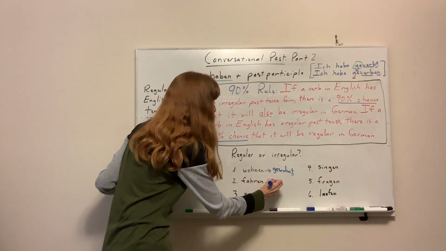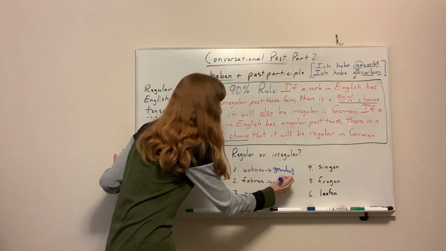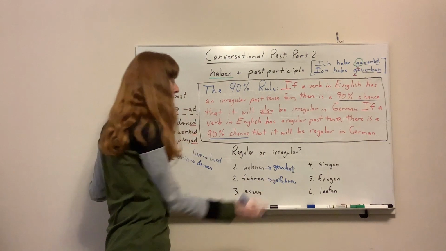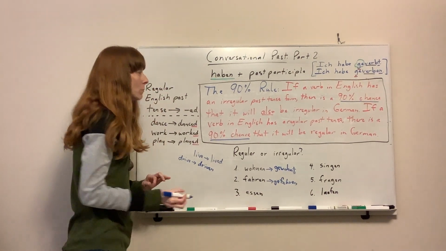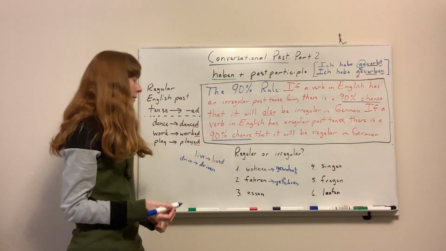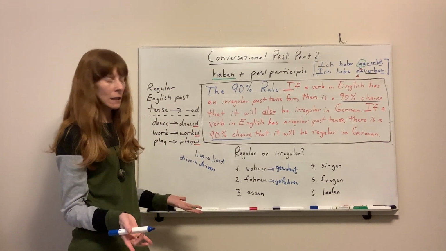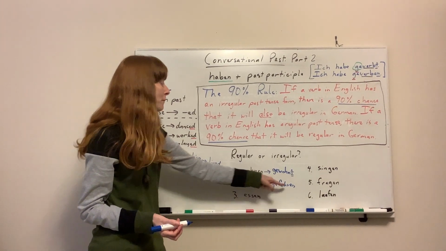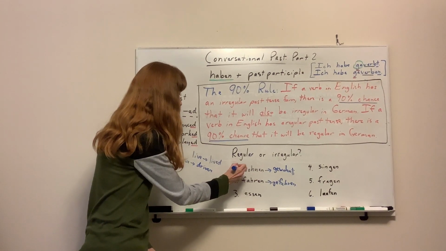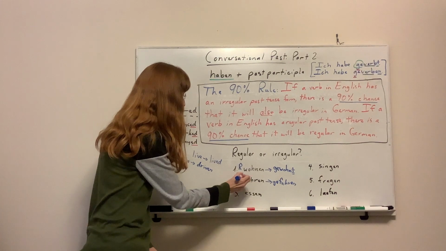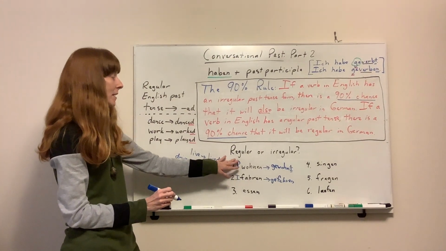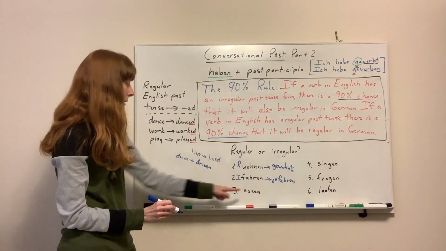And so we get gefahren, which does not have the T at the end. Now, most of the German irregular verbs end up with an en at the end. That's a little bit more regular than English. But gefahren, yes, this one is irregular. So let me put an R for regular here, an I for irregular. But you see that they matched up. They did exactly what they did in English.